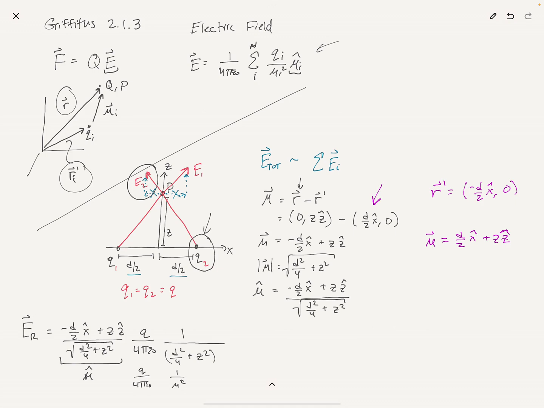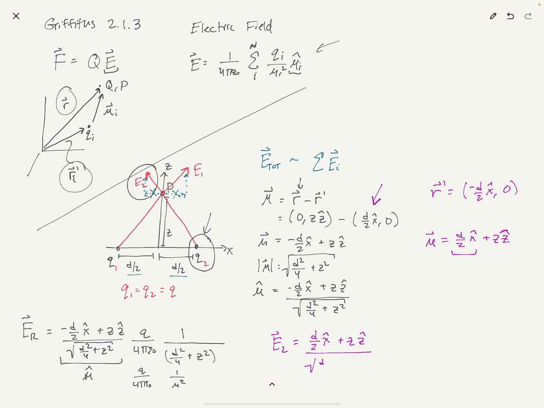So in the end, the only thing that's going to be different about my left charge is that this piece is negative. So I'm just going to copy this black expression on the left, but remembering that now anytime I see a d over 2 x hat, it's positive, plus z in the z hat, right? But on the bottom, it doesn't affect it because that was a squared quantity, right?